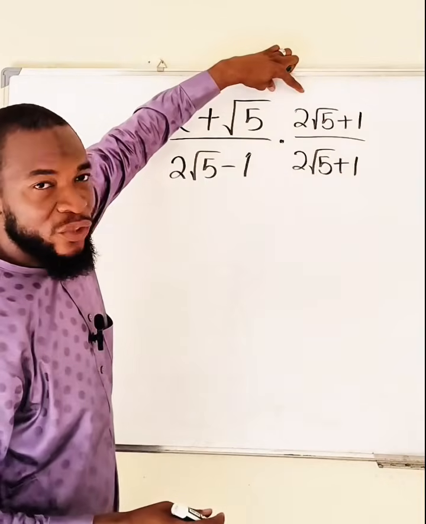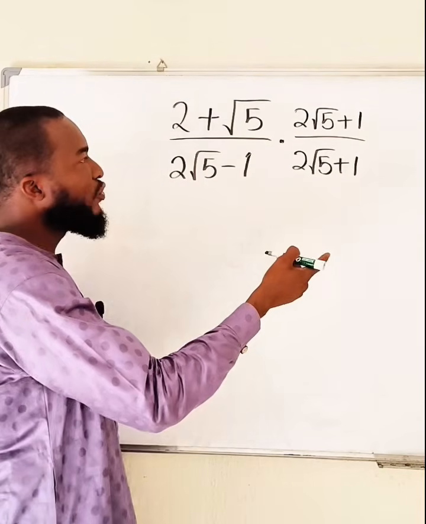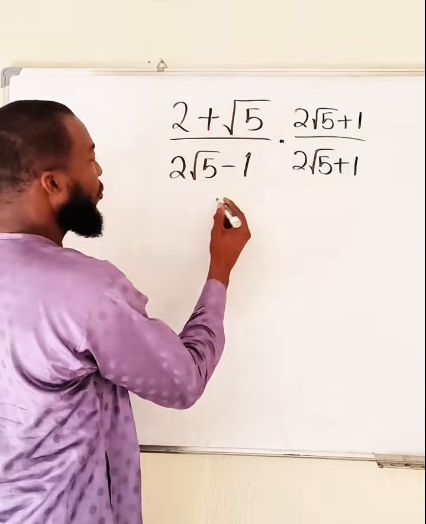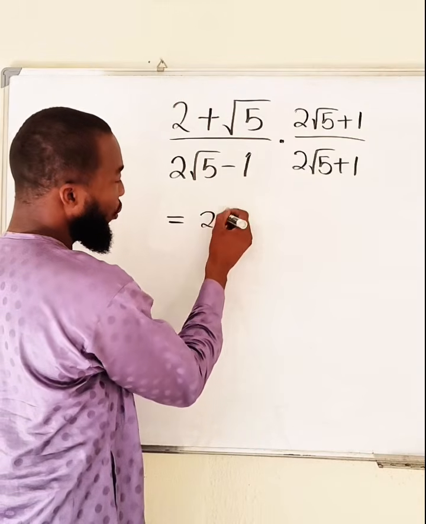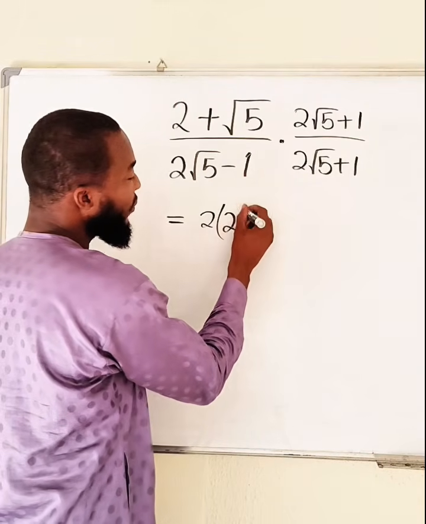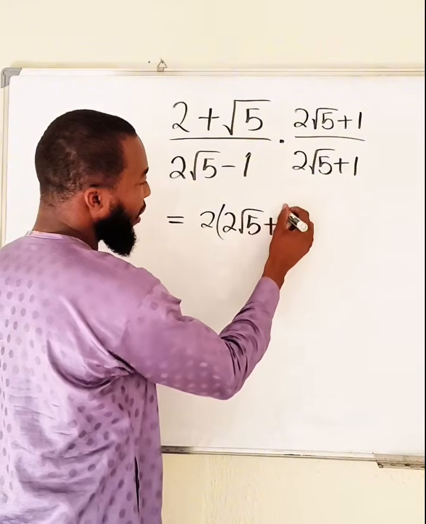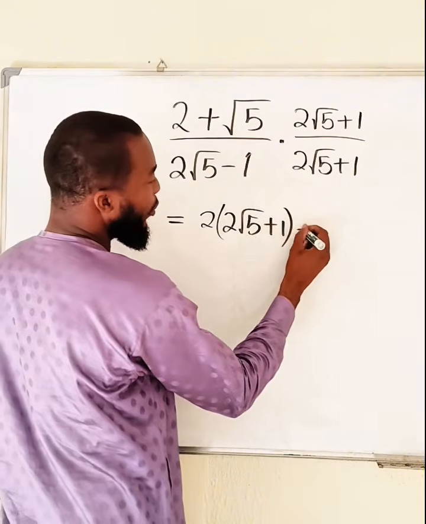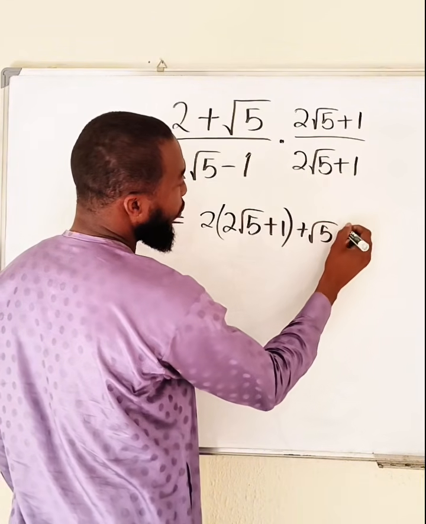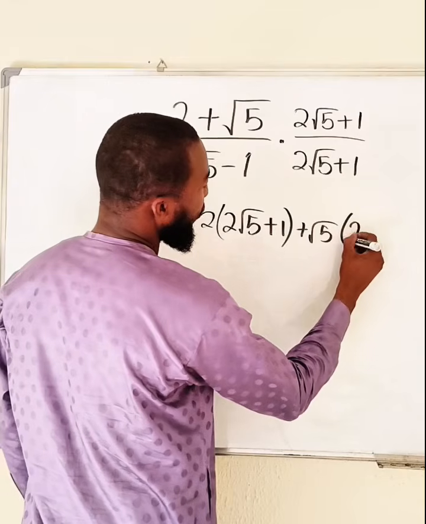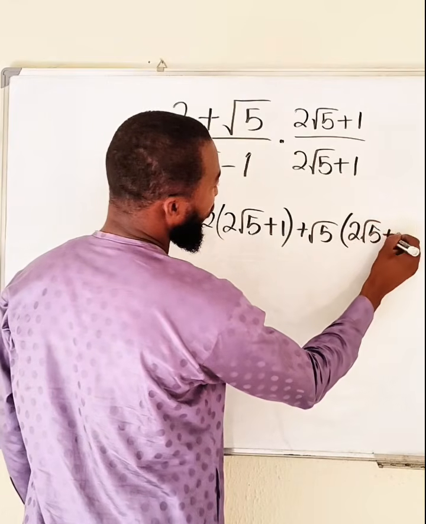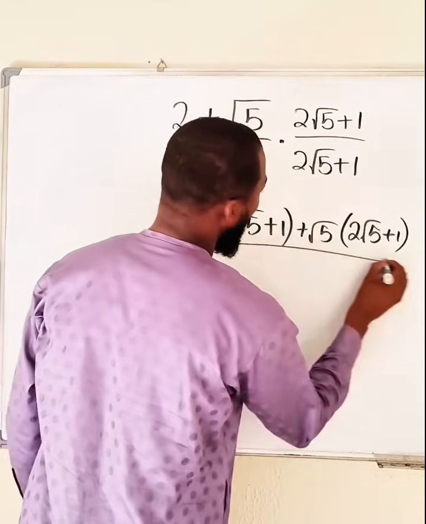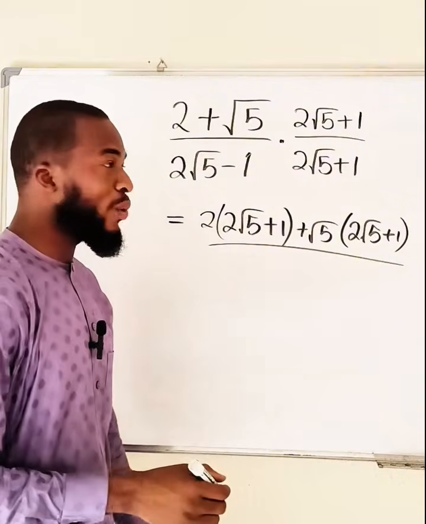So to multiply the top, we are going to do a kind of distribution. We take 2, we distribute it over 2 root 5 plus 1. Then we take root 5, positive root 5, we distribute it over 2 root 5 plus 1. Then the bottom, remember it is difference of two squares.